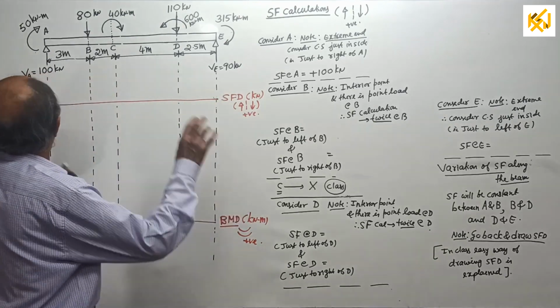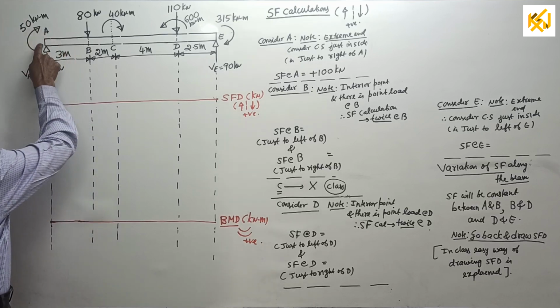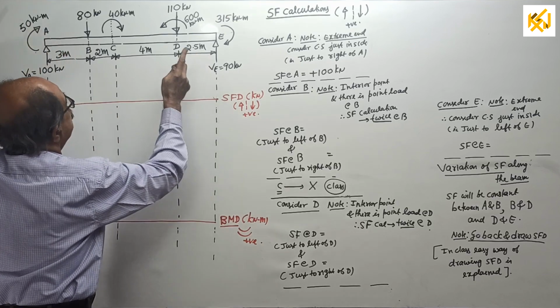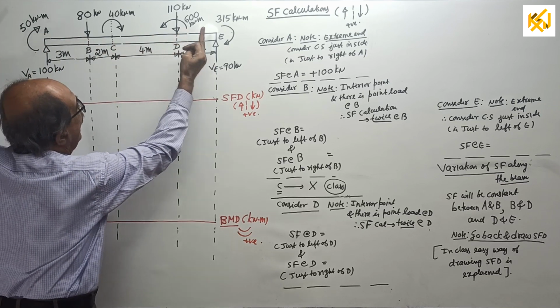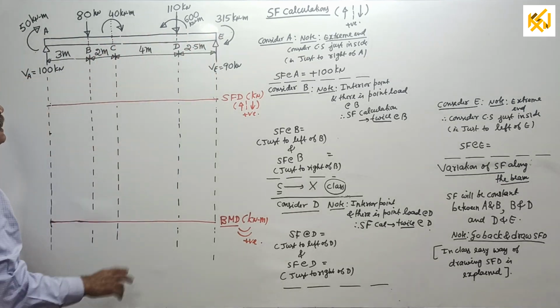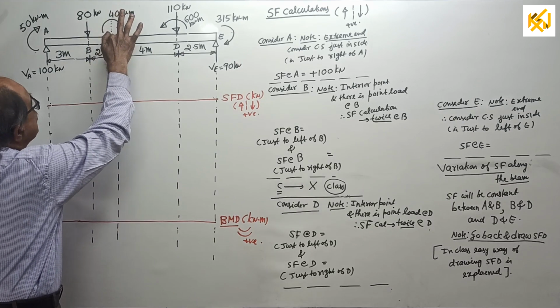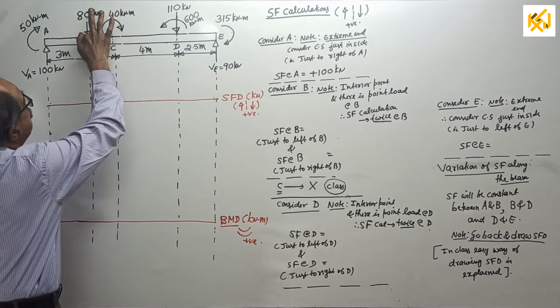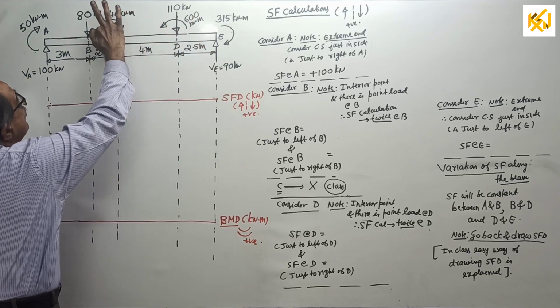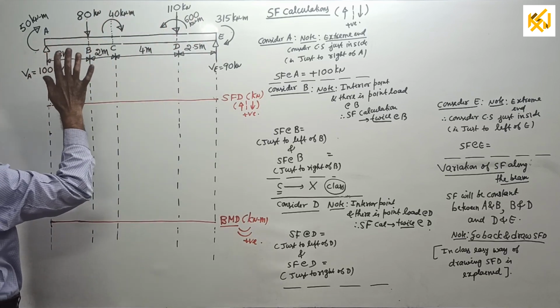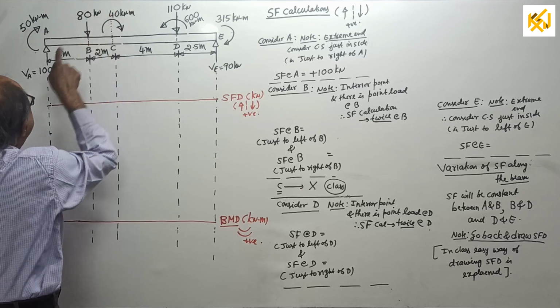Okay, start. First, start from A. For shear force, A, B, D and E are the standard points. C will not be considered because after B up to D, there is no load acting. This couple is not considered for shear force, but its effect is there in the reaction.